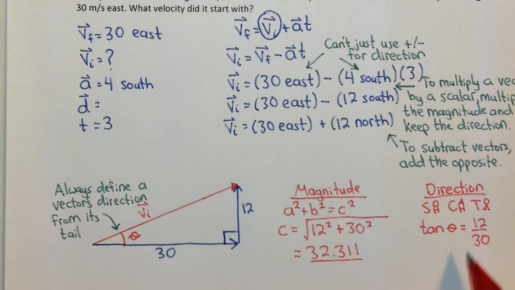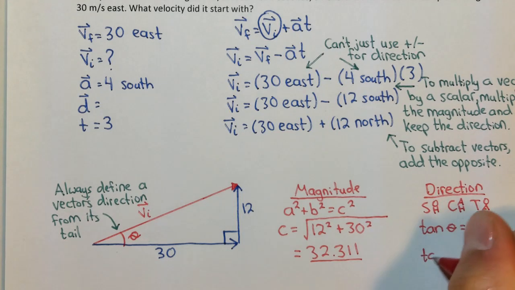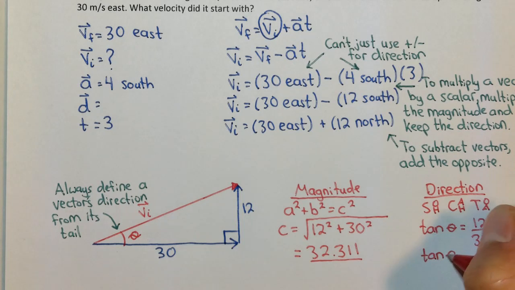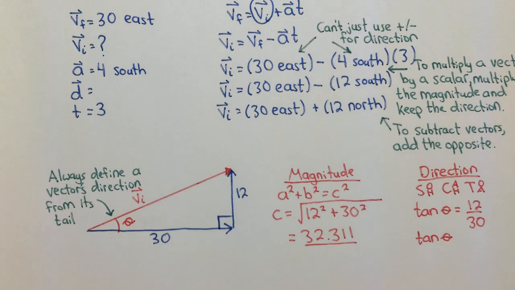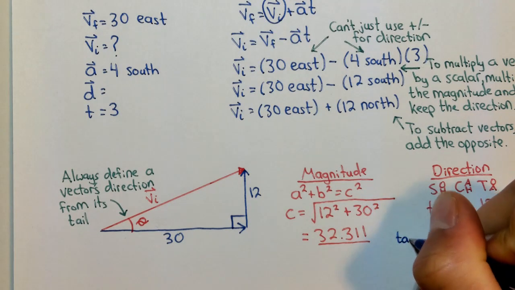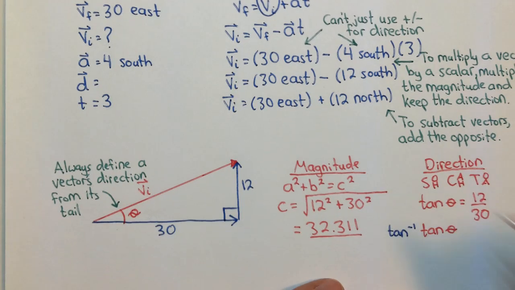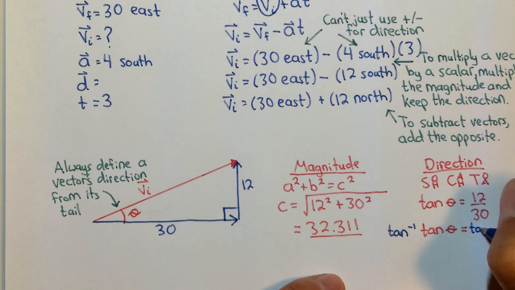Then what I want to do is isolate theta to get theta all by itself. Problem is theta is being tanned, so I want to get rid of that. I want to undo it. How do I undo a tan? Well, I undo a tan by using an inverse tan. So in front of this tan, I'm going to throw an inverse tan. Now, number 1 rule in algebra tells me I'm allowed to do that as long as I do the same thing to the other side.